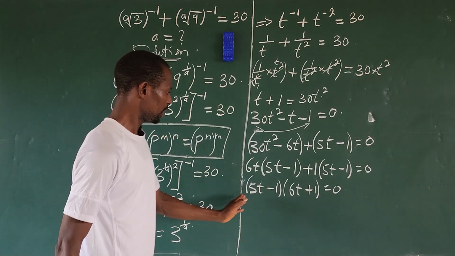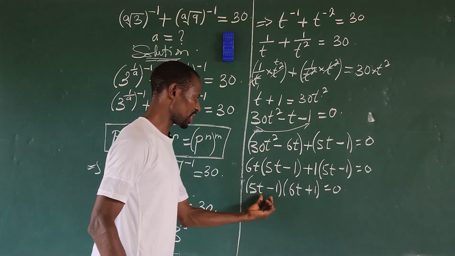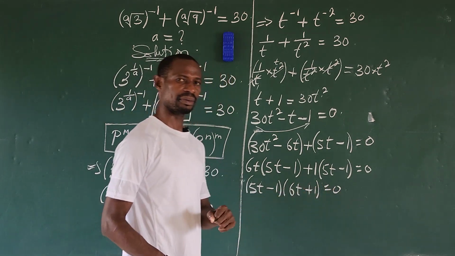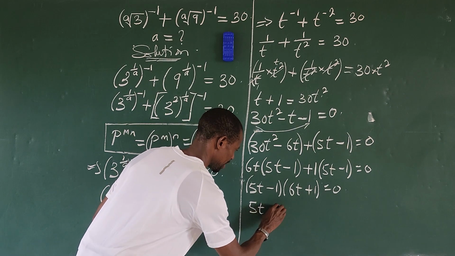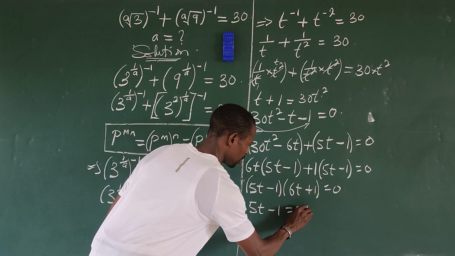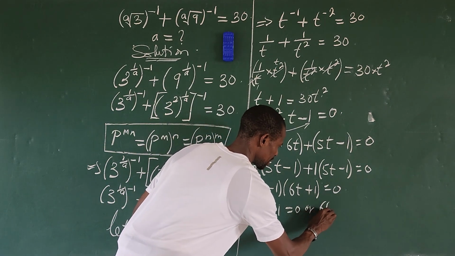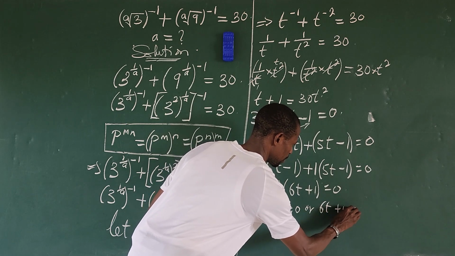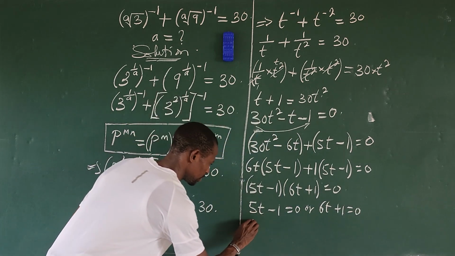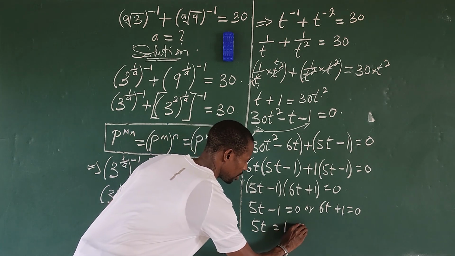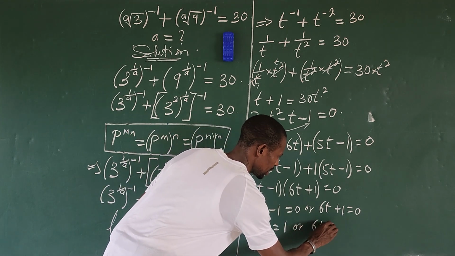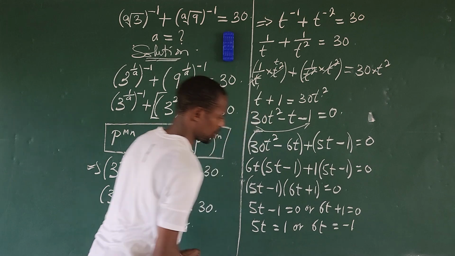Then if we apply the zero product rule, we equate this to 0, we equate this to 0. So that means 5t minus 1 is equal to 0, or 6t plus 1 equal to 0. And so this will give us 5t is equal to positive 1, or 6t is equal to minus 1.